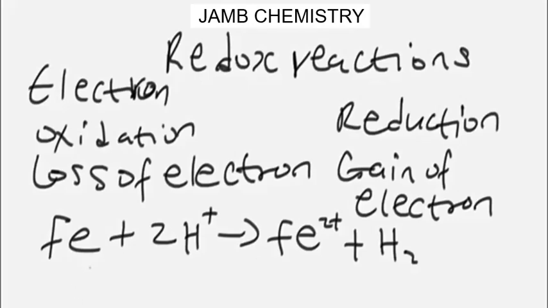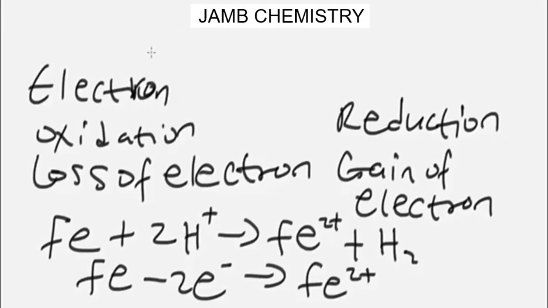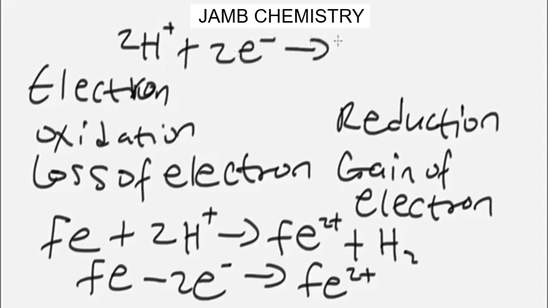The iron atom got oxidized by losing 2 electrons to form iron 2 ion, whereas the hydrogen ion got reduced by gaining 2 electrons to form hydrogen molecule. So this is basically what happened here.